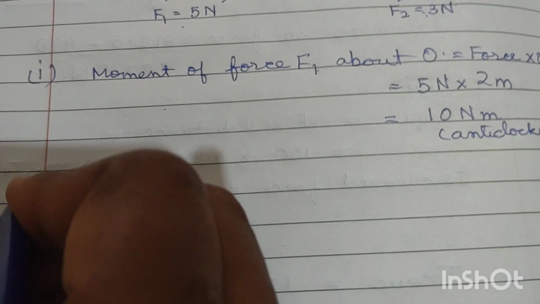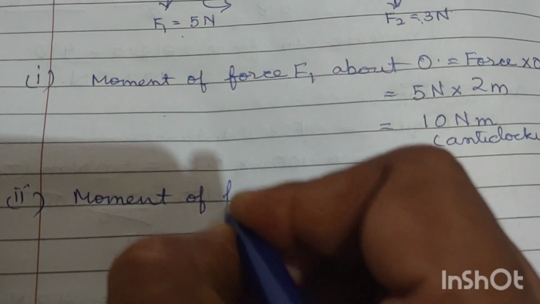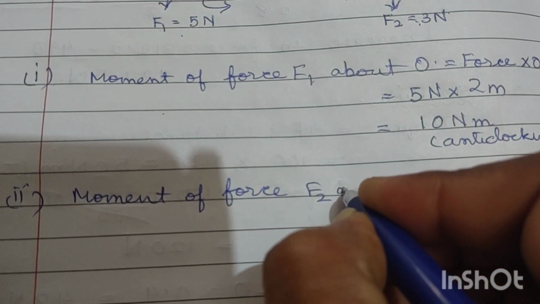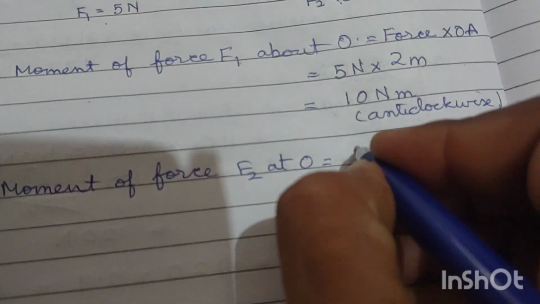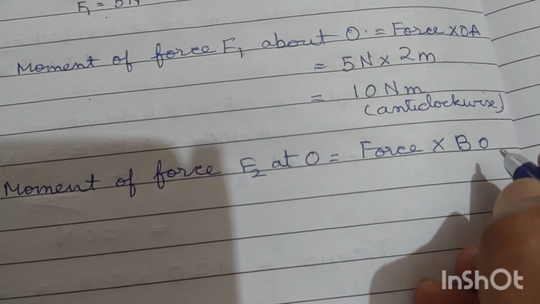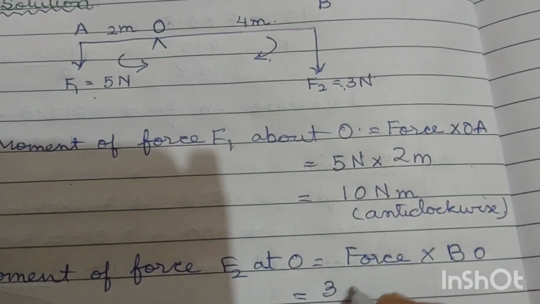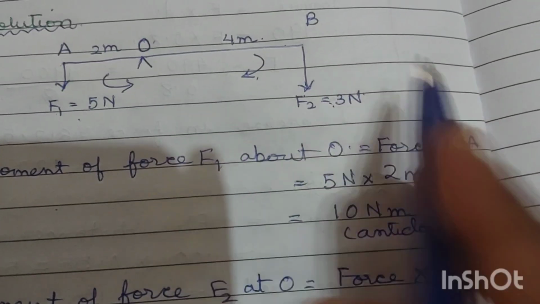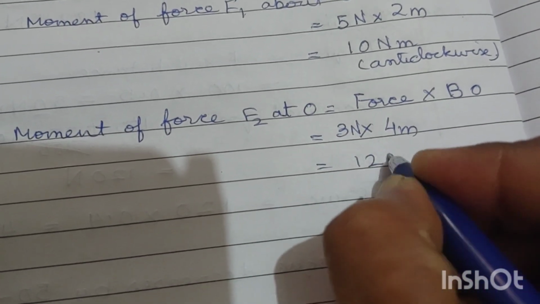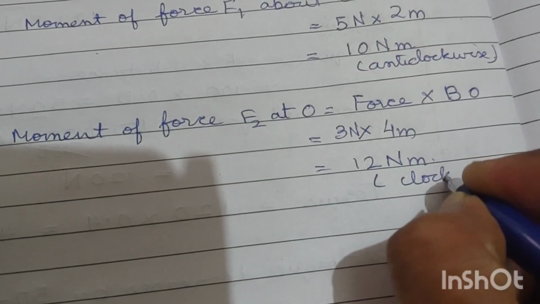Then bit number 2, moment of force F2 about O is force into the distance BO. So force this side is 3 Newton and distance BO is 4. So it's 12 Newton meter, and this is clockwise.